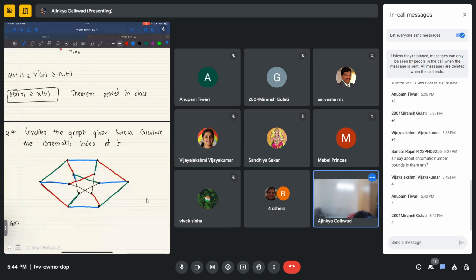Then I need to do green here, and then I need to do blue here. There is one edge left, which should be colored red. So in fact, three colors are possible. So the answer to this question is three.